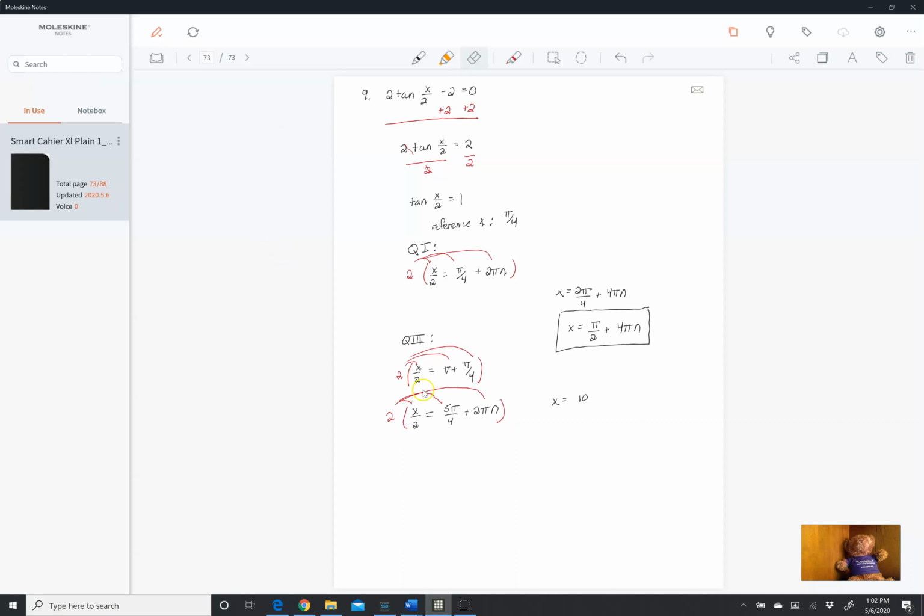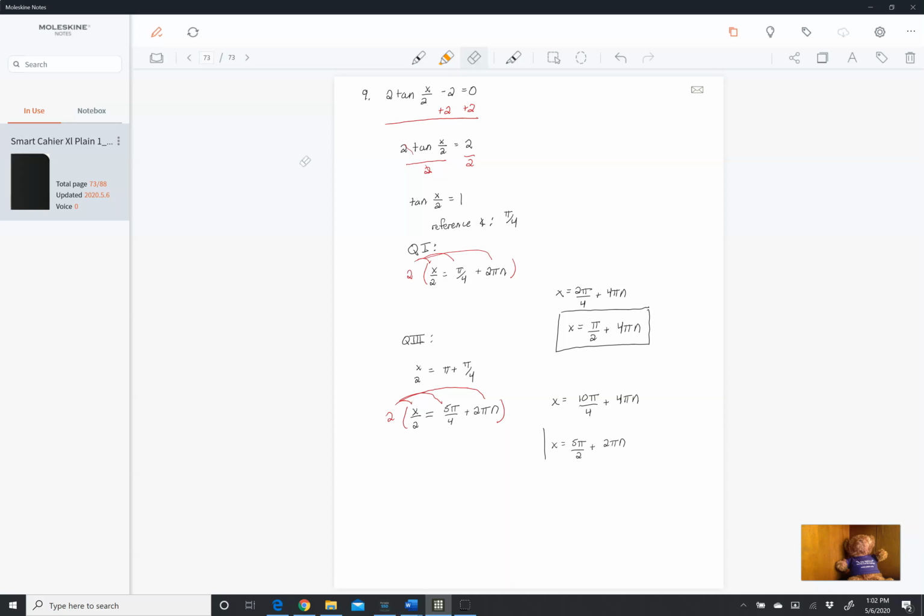It's not this one. So here it's x equals 10 pi over 4 plus 4 pi n. And we reduce, so 5 pi over 2 plus 2 pi n.